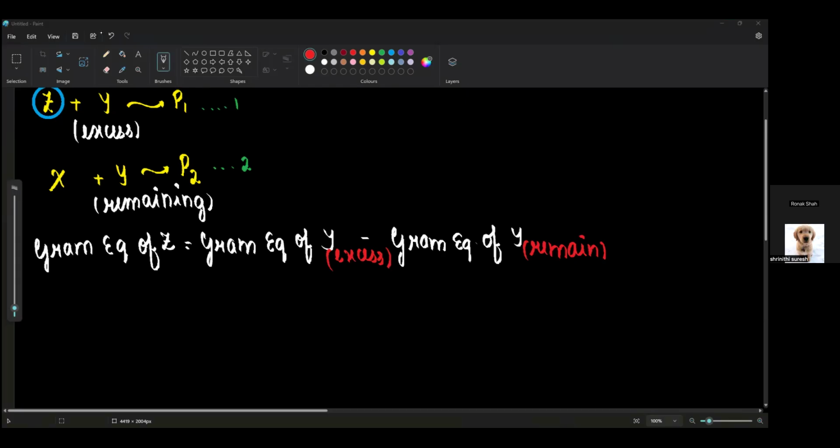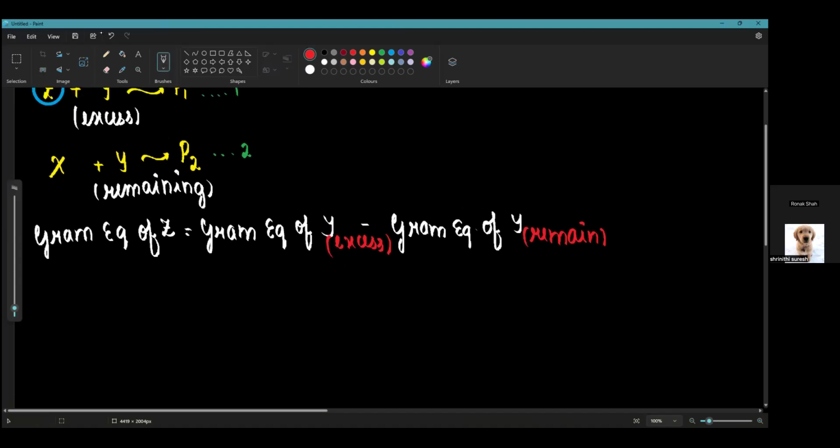If the 10 moles which you are taking in excess, and the remaining are 7 moles, how many moles are used? Three moles are used.